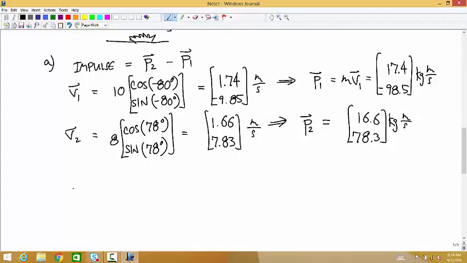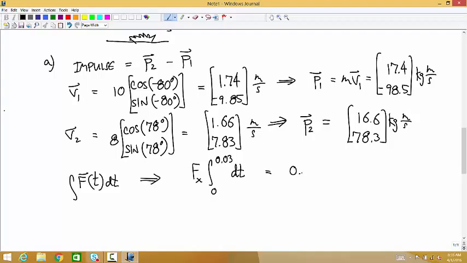So now the definition of impulse is the integral of the force as a function of time with respect to time. So we can break that up into Fx times the integral from 0 to, what was it, 0.03 dt.